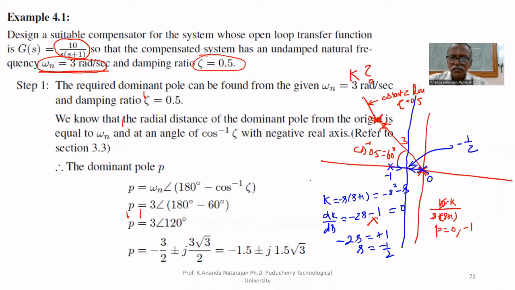The angle of asymptotes phi a equals plus or minus (2q + 1) times 180 divided by (n minus m). Here n equals 2 poles and m equals 0 zeros, so n minus m equals 2. With q equal to 0, you get 180 by 2, that is 90 degrees. With q equal to 1, 3 times 90 degrees is 270 degrees.